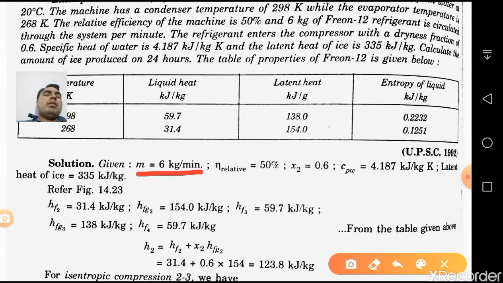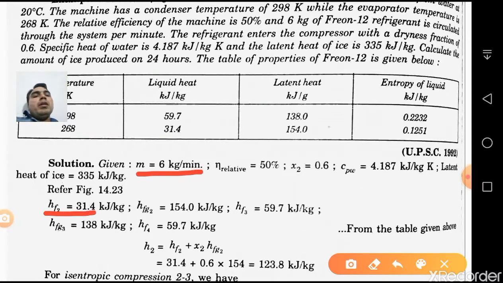X2 is the dryness fraction at the entry of the compressor. CPW is the specific heat of the water, and the latent heat of the ice is 335 kilojoule per kg. From the figure and the table above, first of all we have some data written as hf2.